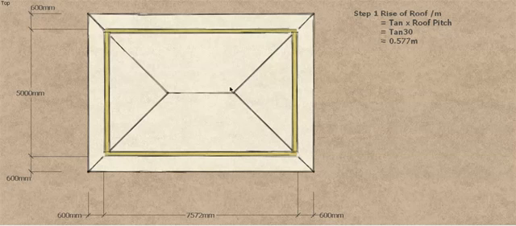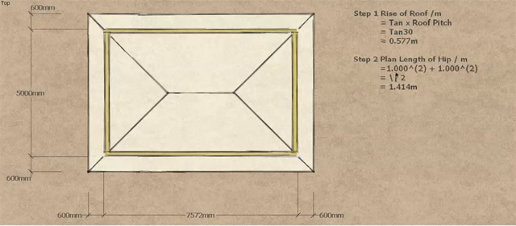Then we need to know how far the hip actually runs per metre. So I'll put that calculation up. If you do Pythagoras, a metre squared plus a metre squared, you'll get 2 metres, and you square root 2 metres, you'll get an answer of 1.414. And that's a pretty common measurement in roofing calculations.